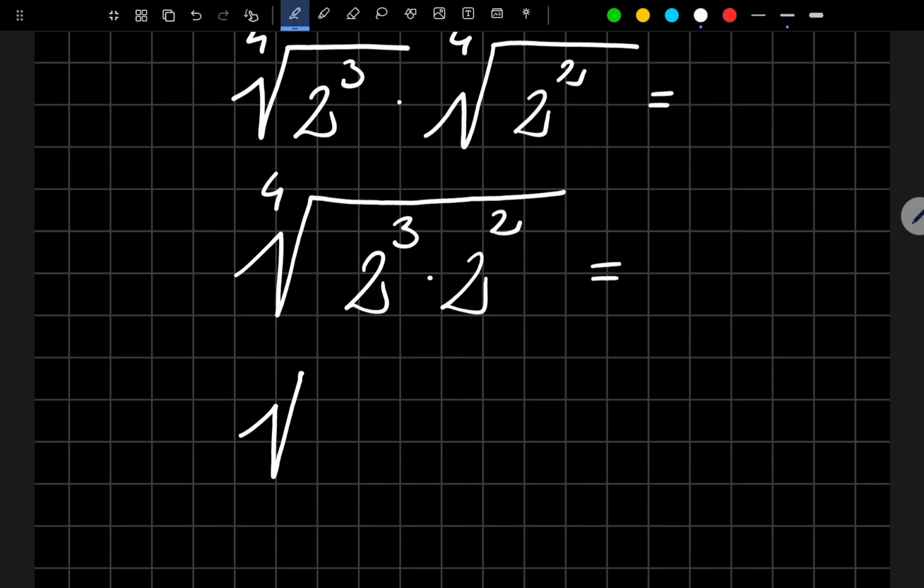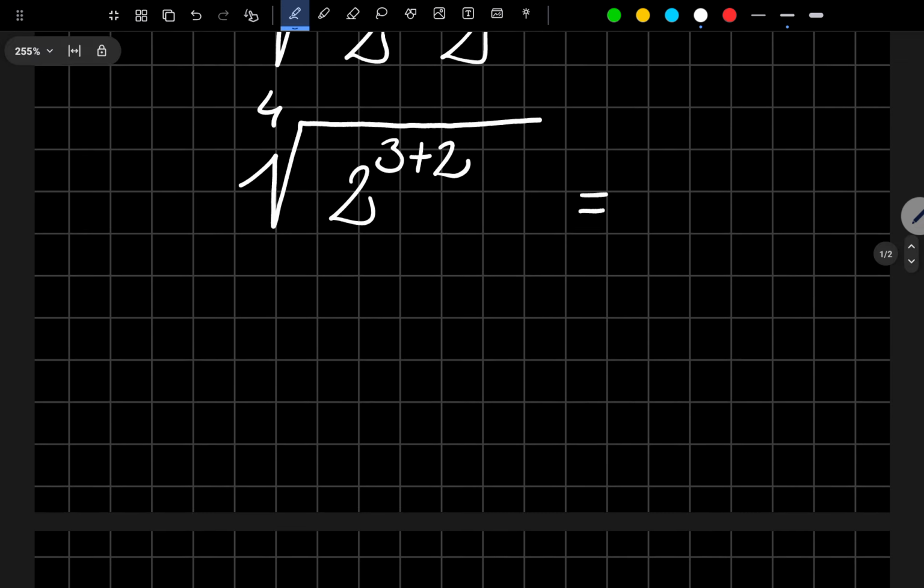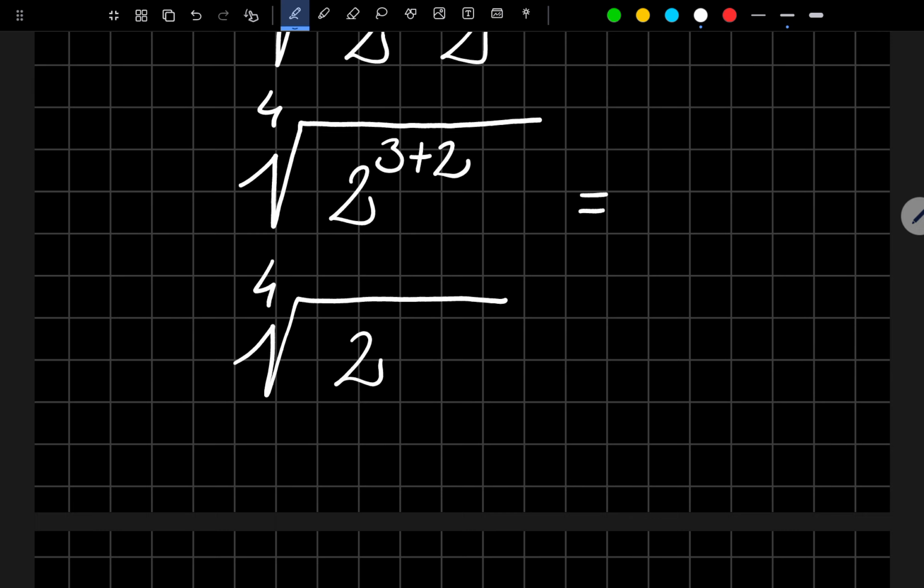So, the fourth root of 2 to the power of 3 plus 2. And 3 plus 2 is 5. So we have the fourth root of 2 to the power of 5.